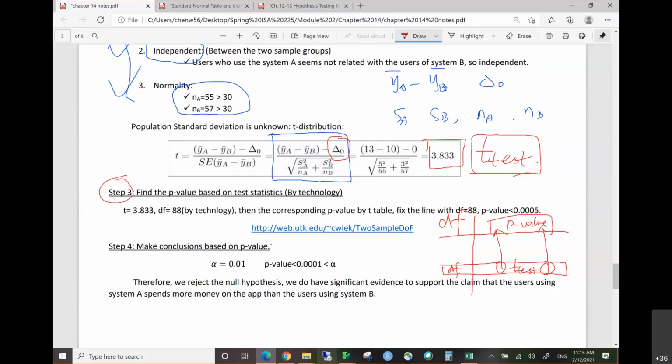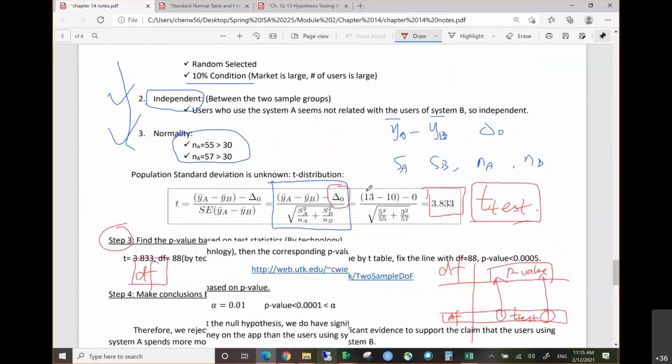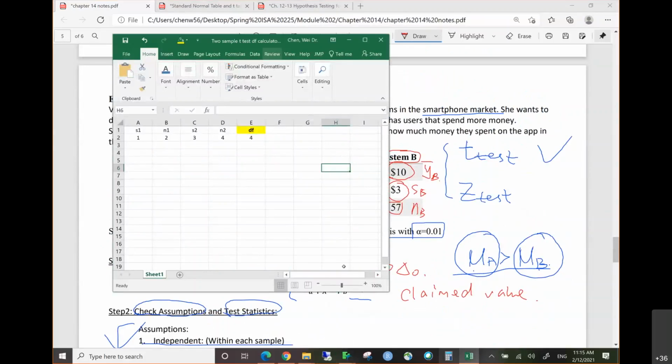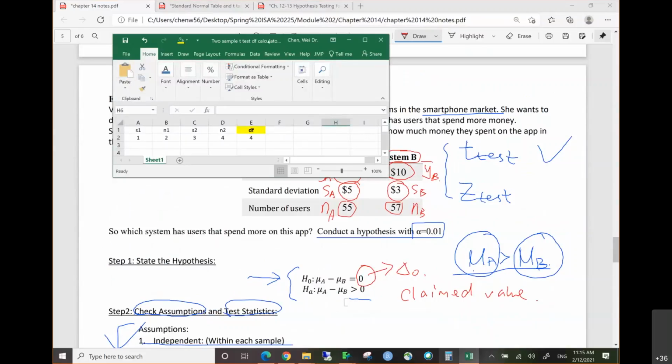The only thing left is to find our degree of freedom, right? Okay, so how can we find our degree of freedom? We go to the Excel, and then we just enter whatever information we have.